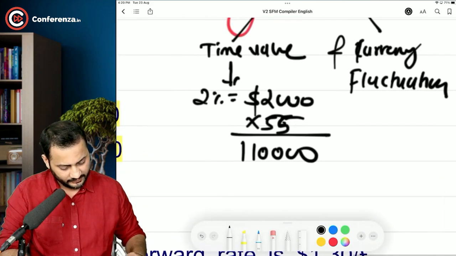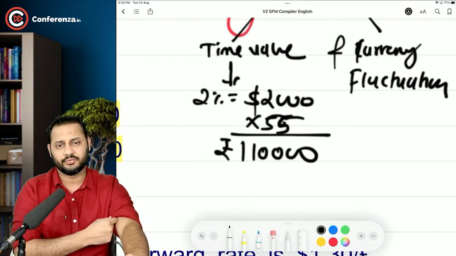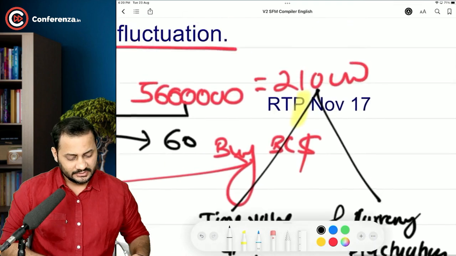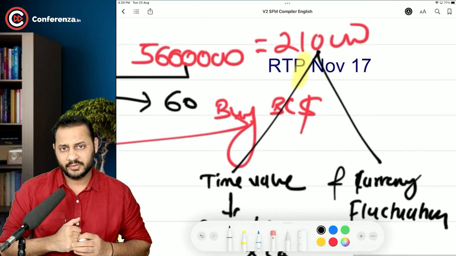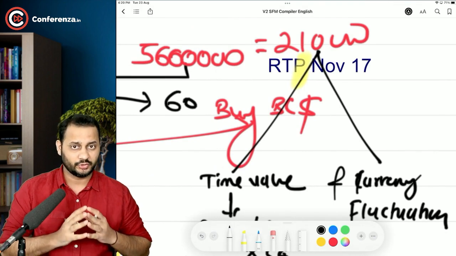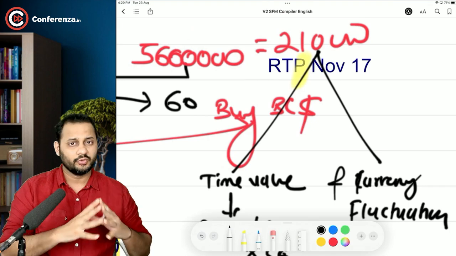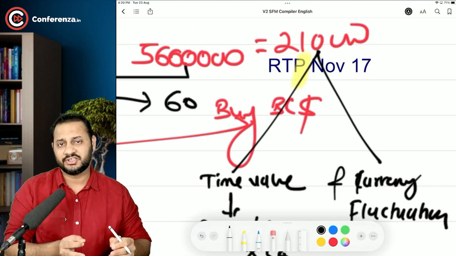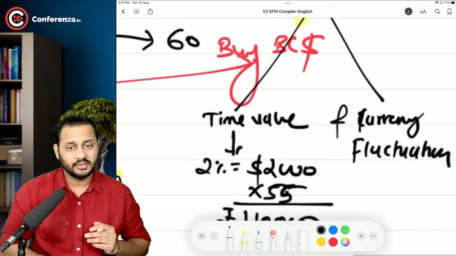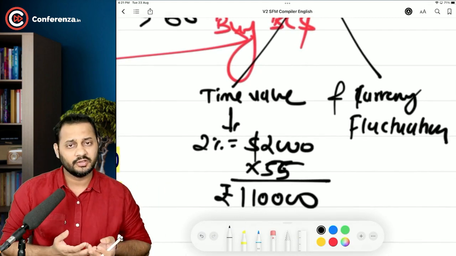Okay, let me explain my own calculation and then I will explain the one done by the institute. When you want to separate the difference, you consider one thing will change only at a time and other things will remain the same. So the today's rate will be applicable in the forward market also, and tomorrow also.